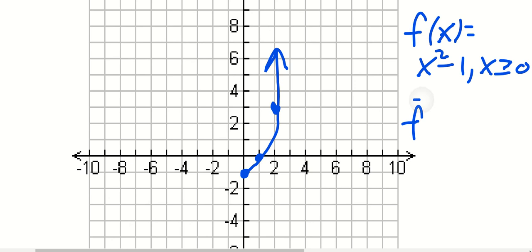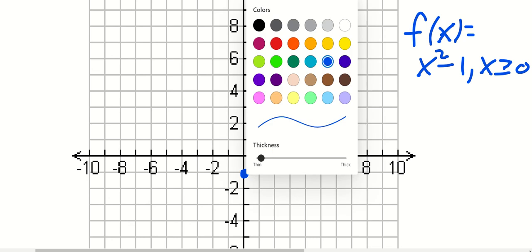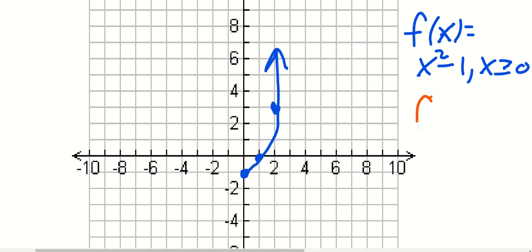Our inverse function, we just solved for it, is the square root of x plus 1. And let me do that in a slightly different color so it stands out. So f inverse of x is the square root of x plus 1.